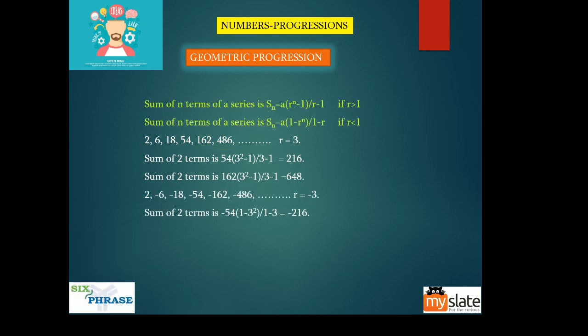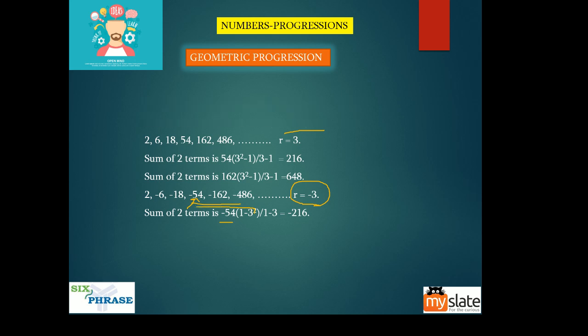Now sum of two terms. Here r is negative, so which formula do you use? You use this second formula. You are finding the sum of these two terms. So this is a, guys, so minus 54, 1 minus 3 square. The square indicates this 2. So here we did 3 square minus 1, but here we are doing 1 minus 3 square because r is negative.